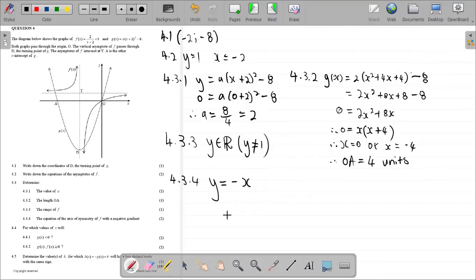Looking at our asymptotes, this is going to be equal to negative x plus 2, and then plus 1. So this is then going to be equal to negative x minus 1, from our asymptotes of 2 and 1.